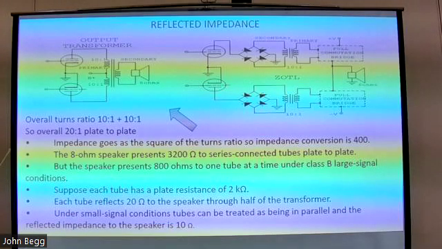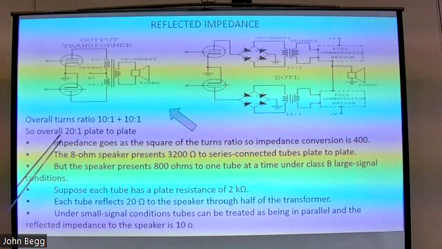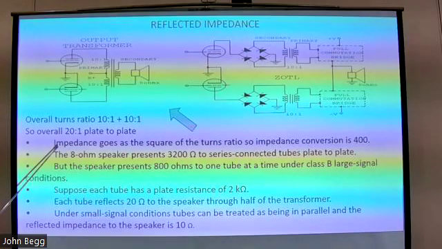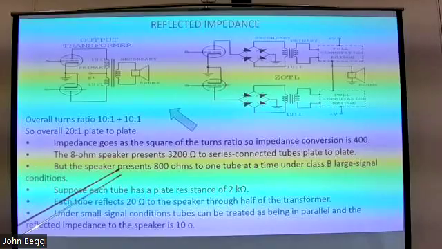So let's look at reflected impedance with the transformer first. I put this big arrow to the transformer. By reflected impedance, well, maybe it'll be clear. The overall turns ratio is 10-to-1 plus 10-to-1 because of this arrangement here. So overall, we have a 20-to-1 plate-to-plate turns ratio, and the impedance goes as the square of the turns ratio.